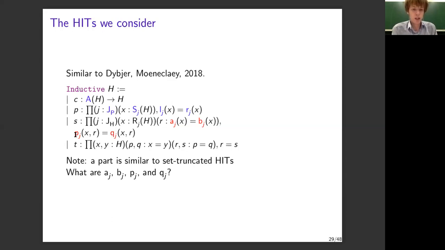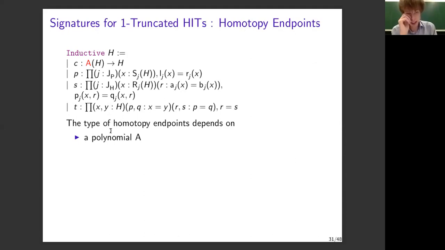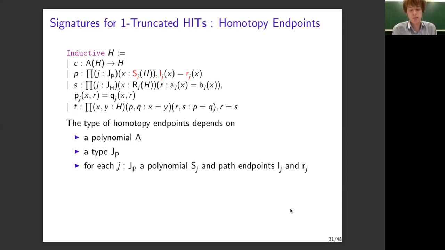So now we need to look at BJ and QJ. Here we define a different notion of endpoint, which I will call homotopy endpoint. Let us first think about what these will depend on, because there are a lot of dependencies. These should be able to mention the point constructor and the path constructor, which we already gave before. So the definition of homotopy endpoint will depend on a polynomial, a type JP, and for each J a polynomial and two path endpoints.